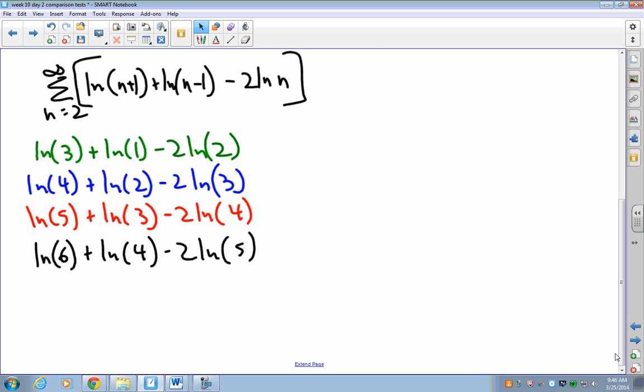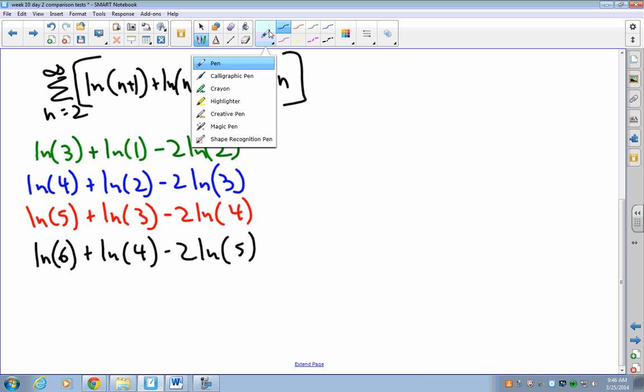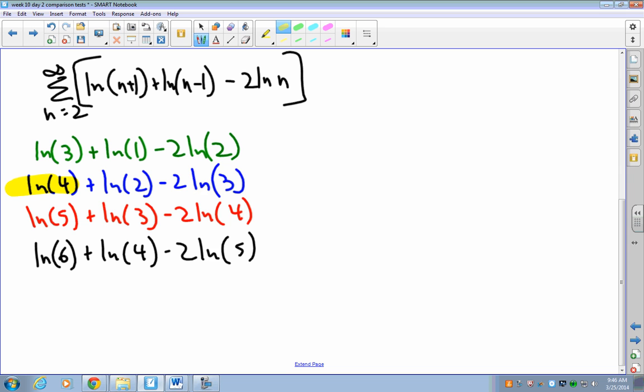When you see this ln of 4, I'm going to do some highlights. One ln of 4, another ln of 4. Will there be any more adding up of ln's of 4, or have I already kind of passed through that number? So I have 2 of those guys, but what do I get to do? Subtract them. So do I have any ln of 4's? Nope.